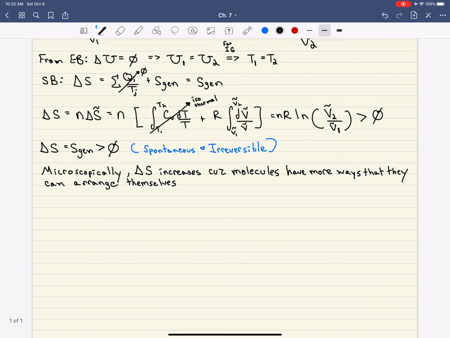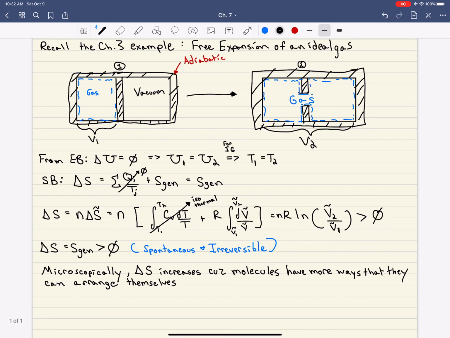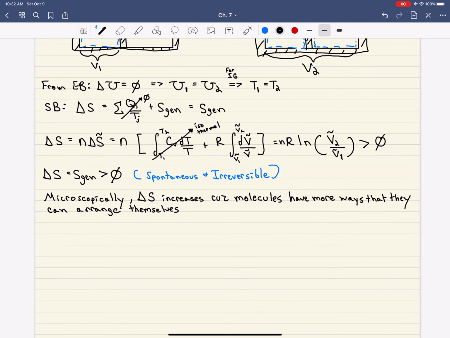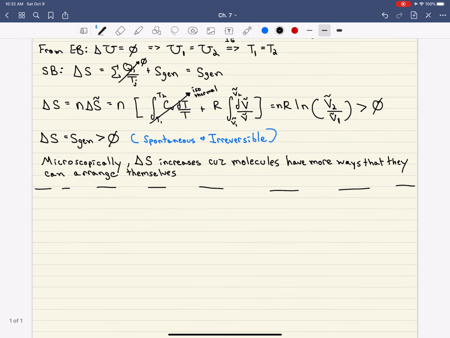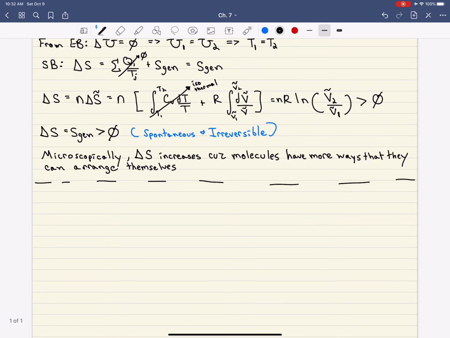And so, through this free expansion system, we see that once we remove that wall, the gas moves towards a state in which its entropy increases. But in general, the observations we see from this example are actually pretty general.